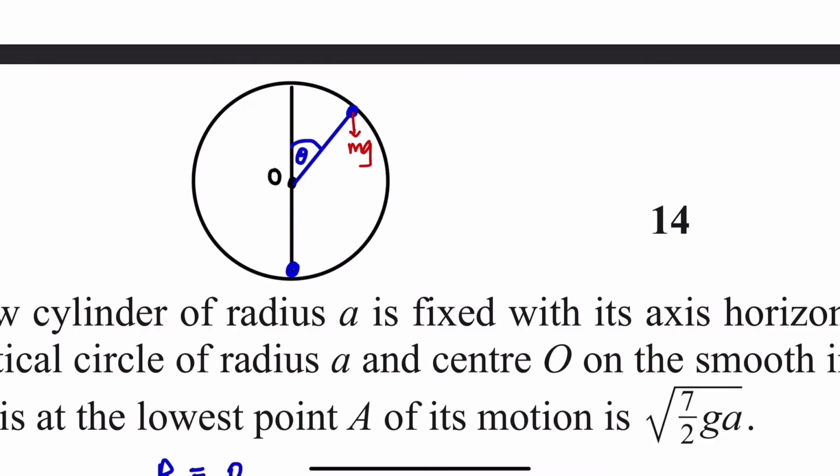We know that this is also theta because it's an alternate angle. So towards the center of circle, we have mg cos theta. And 90 degrees to the center, which is tangent to the circle, we have mg sine theta.